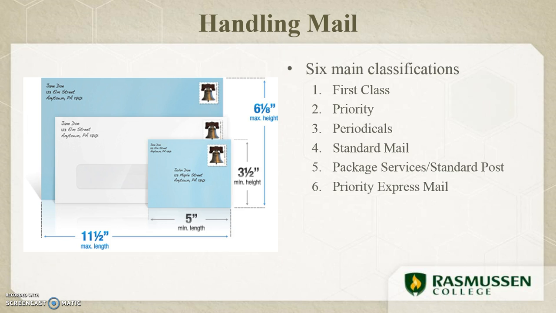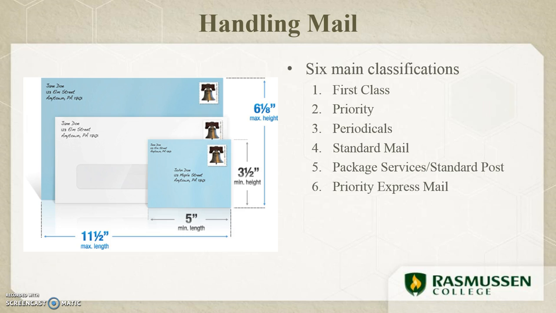Now, beyond just completing correspondences, you as a medical assistant will also be responsible for handling incoming and outgoing mail. When we talk about mailing, there are 6 classifications of mails that you could have come in contact with and handle in the medical office. The first one is a first-class mail.